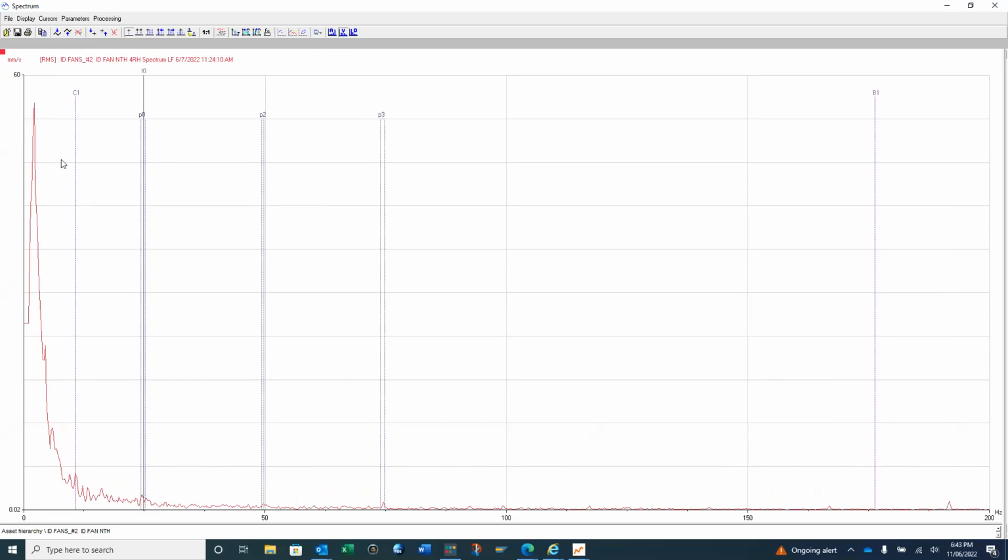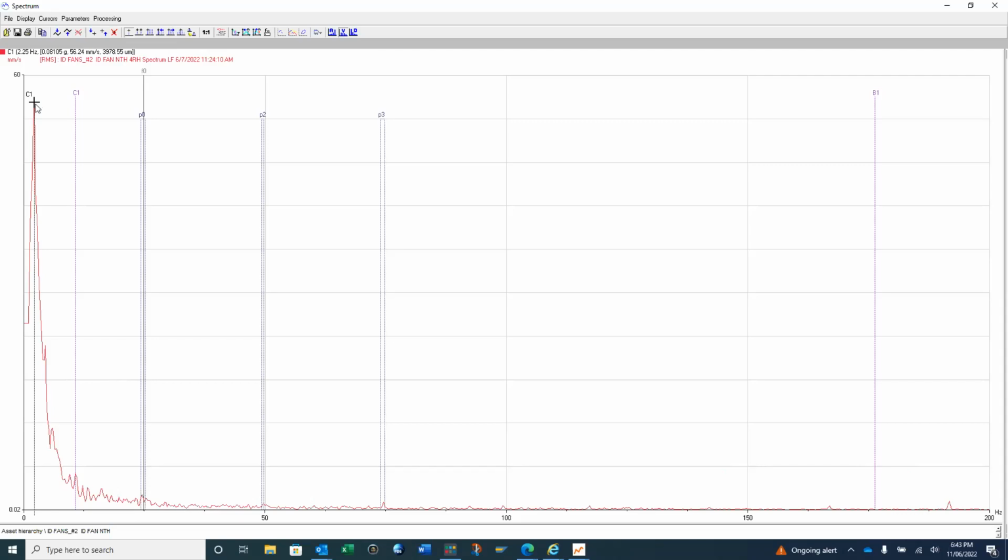I don't know what this is. Maybe this is a subsynchronous peak. What is the frequency? Of this fan, it is 24.5 hertz. This peak? Yeah. What frequency? 2.25 hertz.